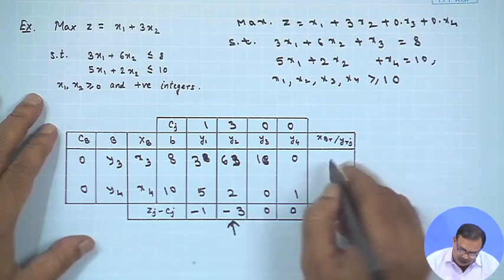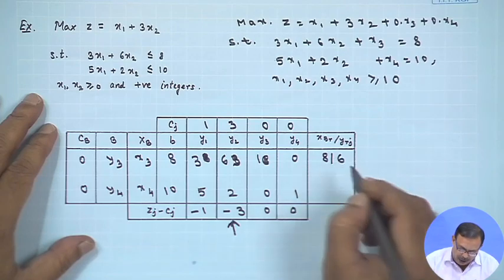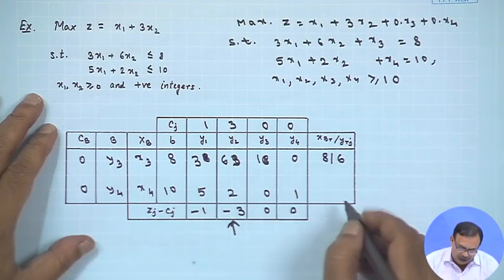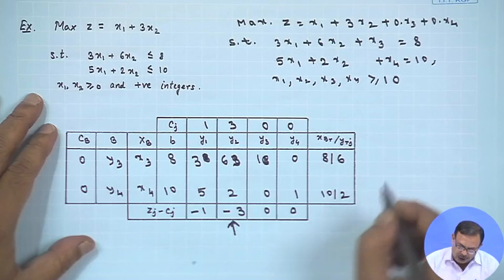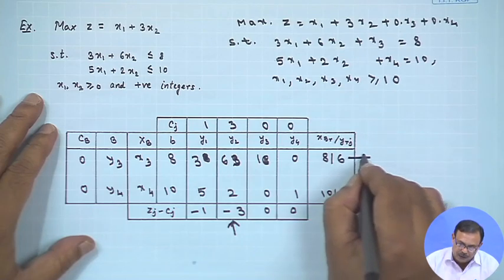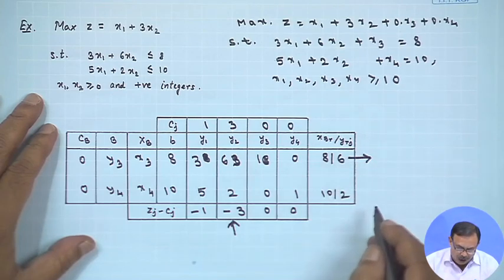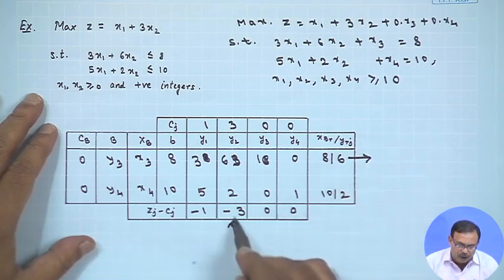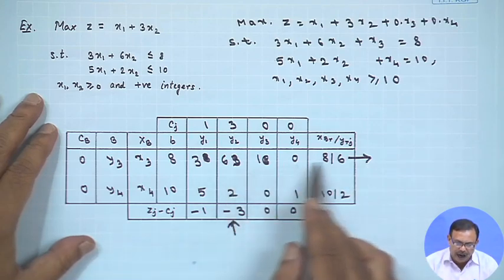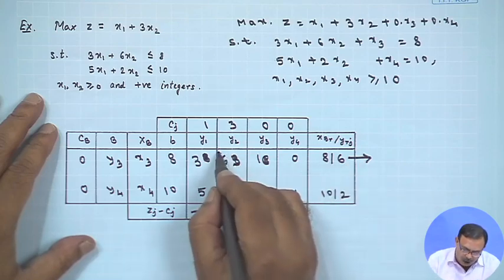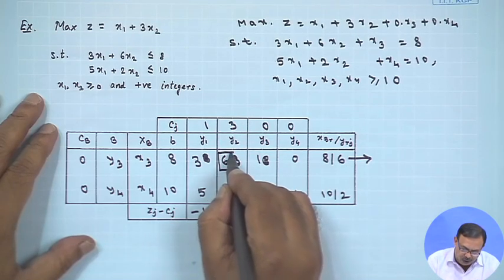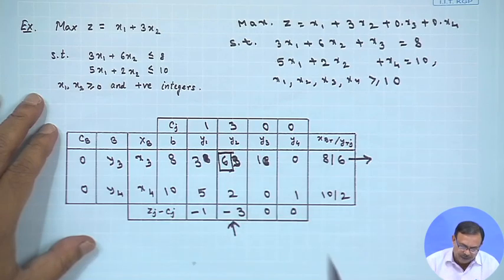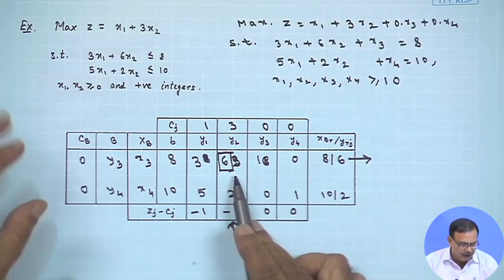So, from here the ratio is 8 by 6, and this is 10 by 2. Obviously, the minimum of these two is this one, which means x2 will enter the basis and x3 will go out. Once x3 is going out, your pivot element is this one.